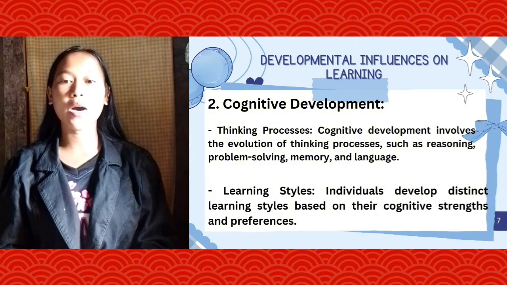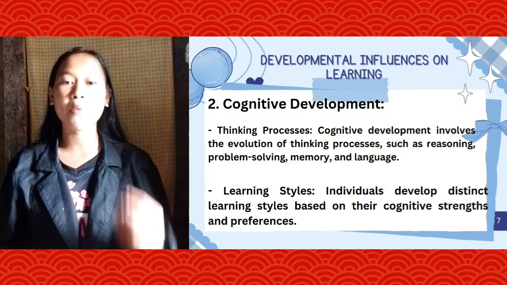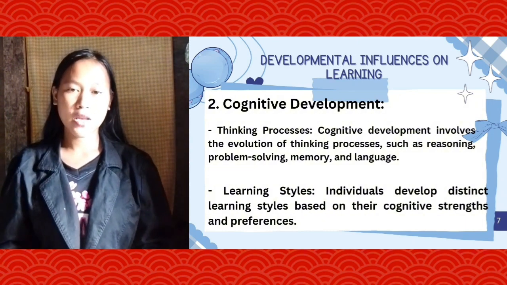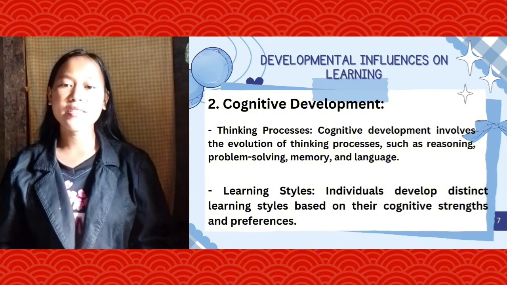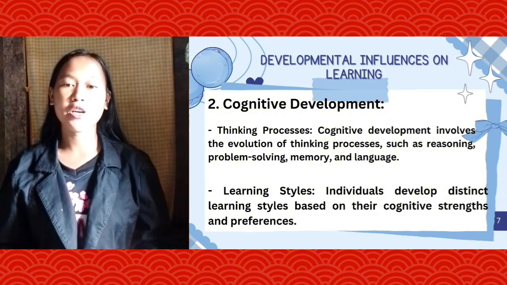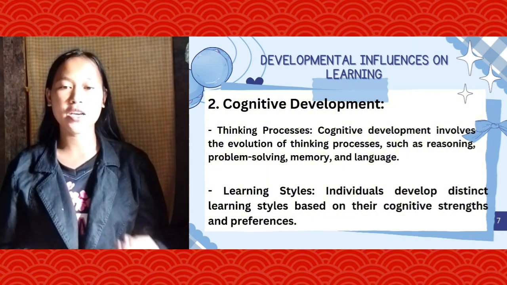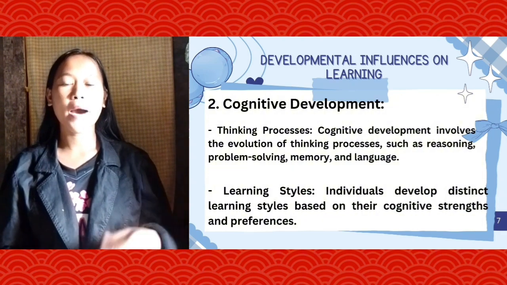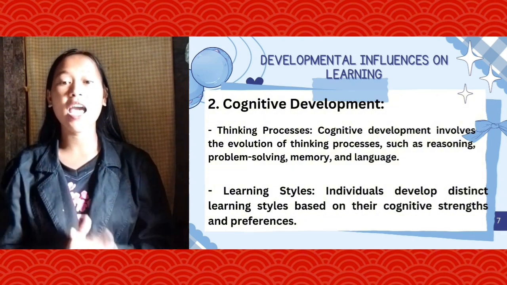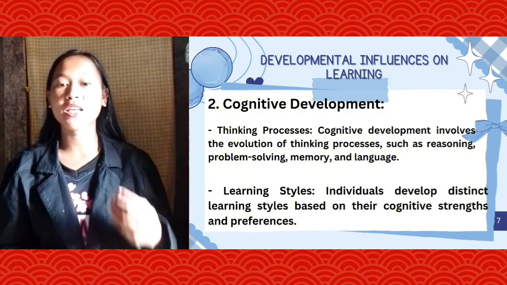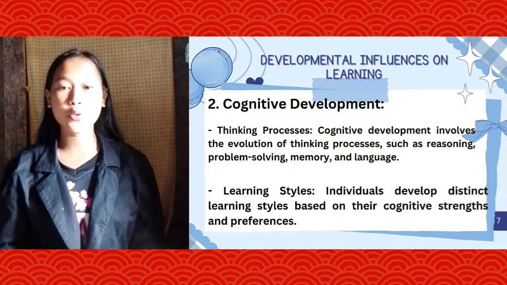Learning style: individuals develop a preferred style based on their cognitive strengths and preferences. Understanding learning styles is important for promoting more effective and enjoyable learning experiences. By recognizing our strengths and preferences, we can maximize our learning potential and help others do the same.